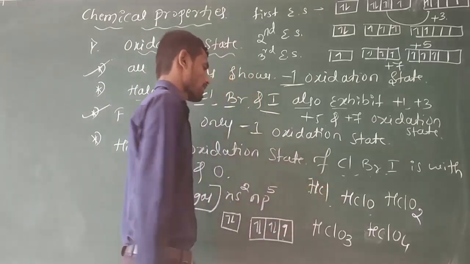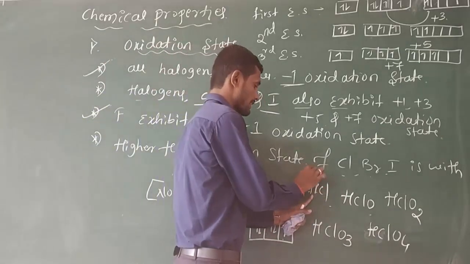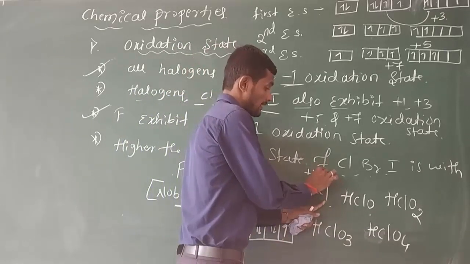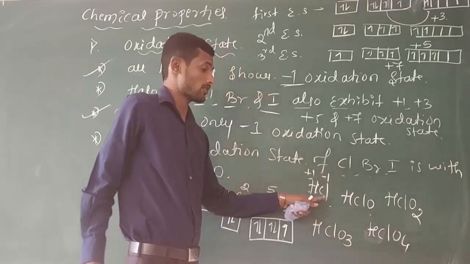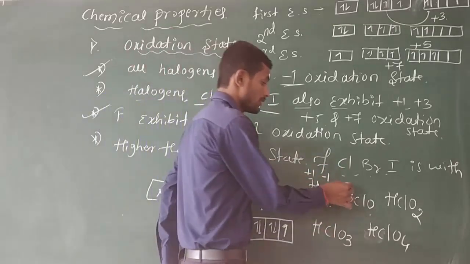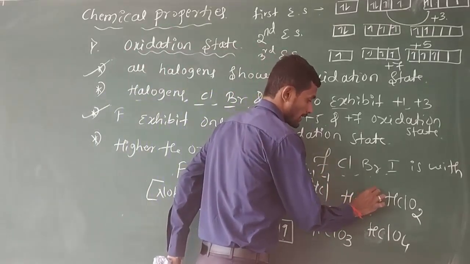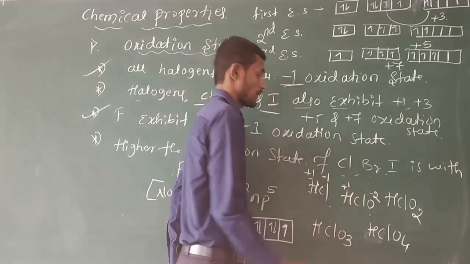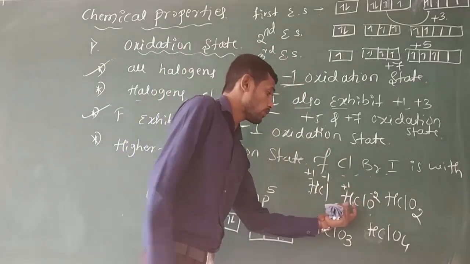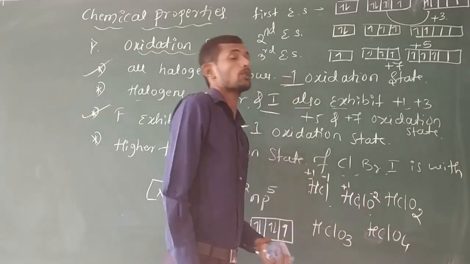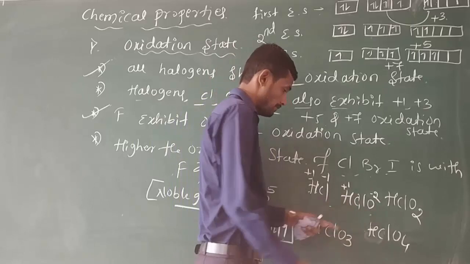Okay, students, you know hydrogen oxidation state is always +1, is it right? Yes. And Cl is -1. In this compound, it shows -1 oxidation state. Here, oxygen oxidation number is -2, you know, and hydrogen is +1. When the overall value becomes equal to 0, you know it.